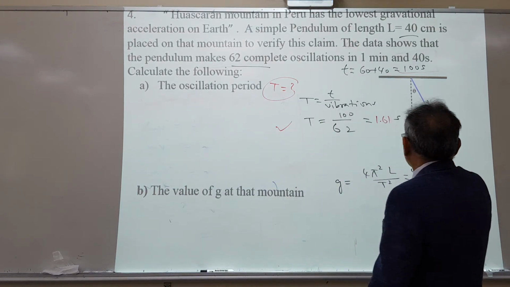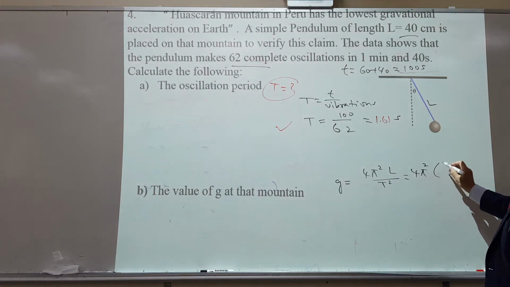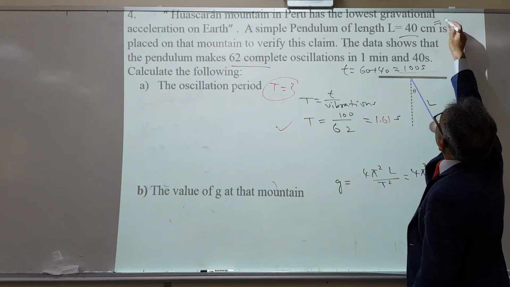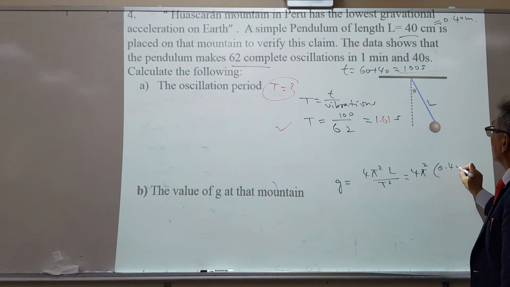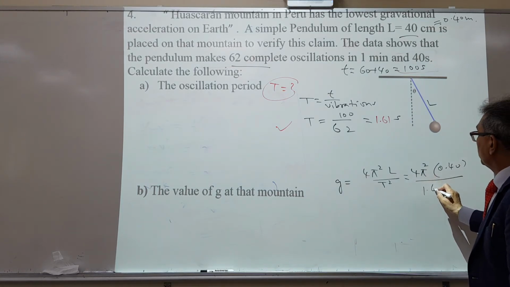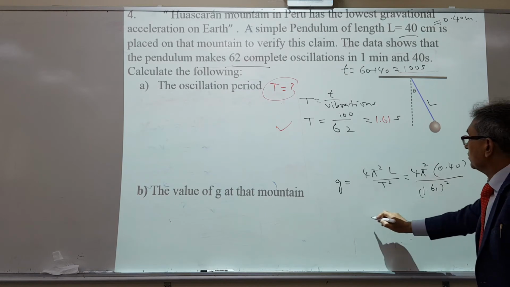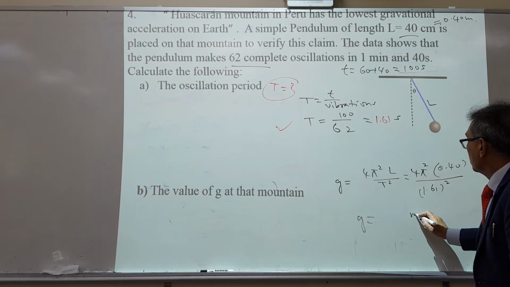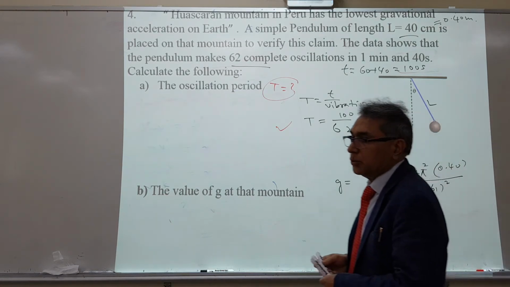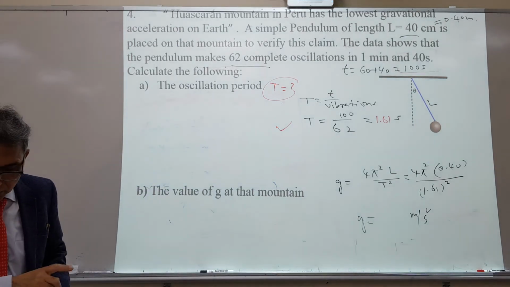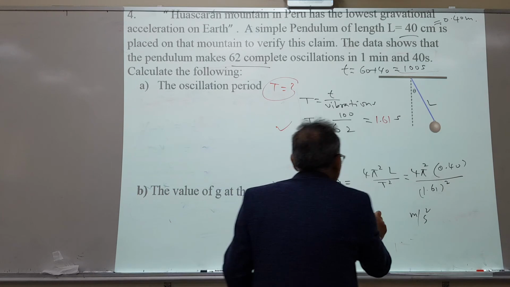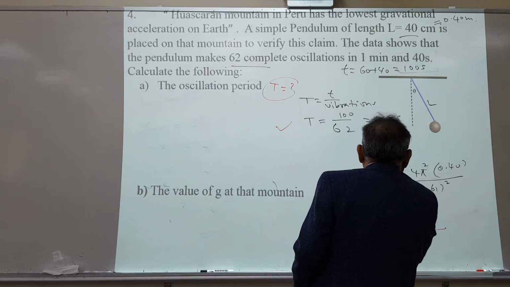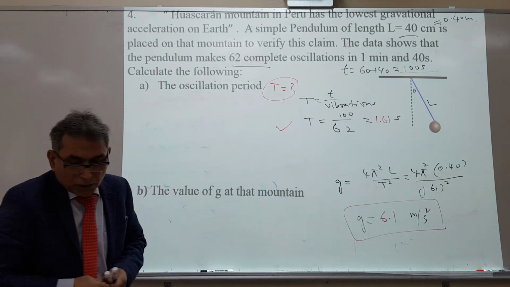L is 40 centimeter, meaning 0.40 meter, divided by 100, T square. So you can calculate. I don't have the calculator, but you can double check it. I think it's maybe 6.1. If there is something wrong, please do tell me.